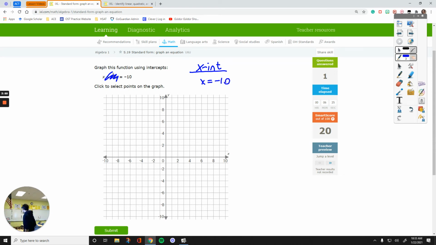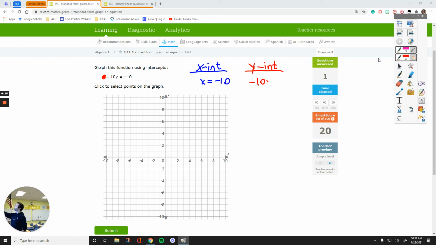Let's find the y-intercept. The y-intercept means ignore the term that has x and solve that equation.